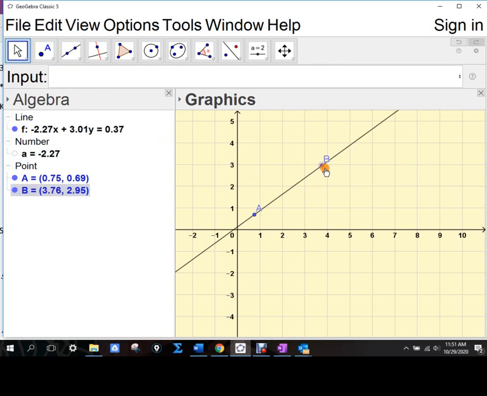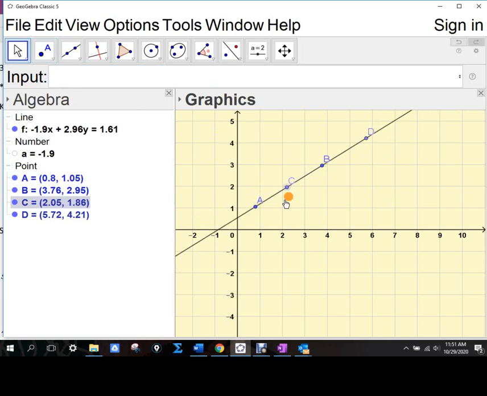And I just want to check something. Yep, I knew that was going to be the problem. I do want C and D. If I move A and B, it moves the line, but if I move C and D, it doesn't move the line. So those are the points I actually want to use. So let's hide those 2.